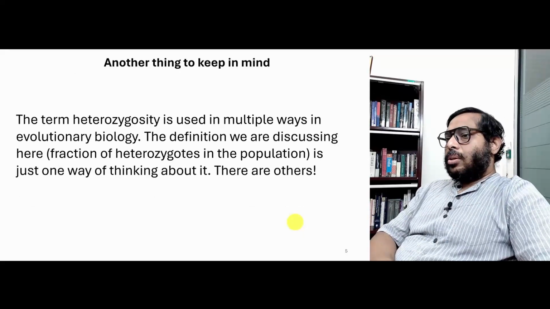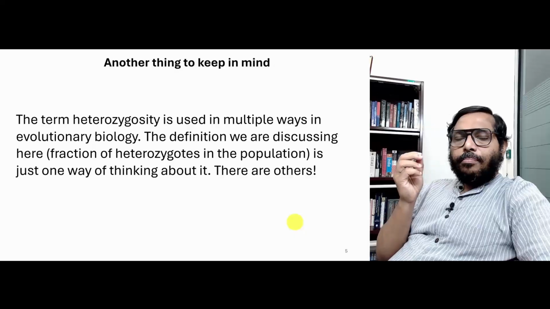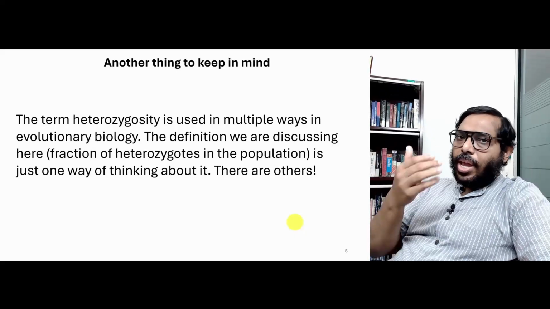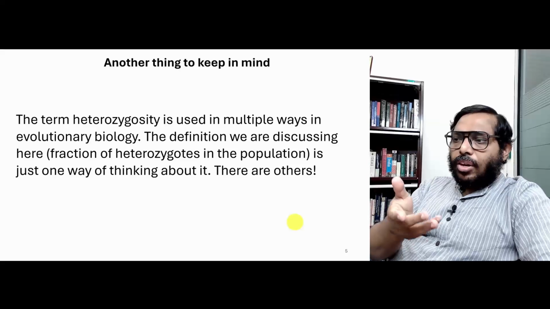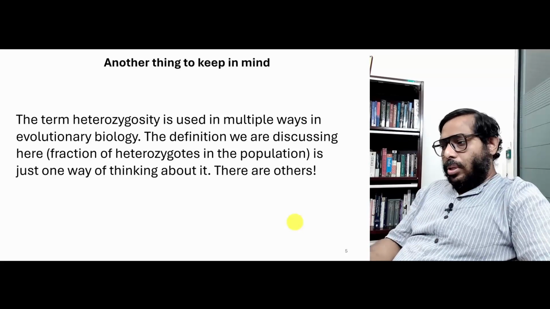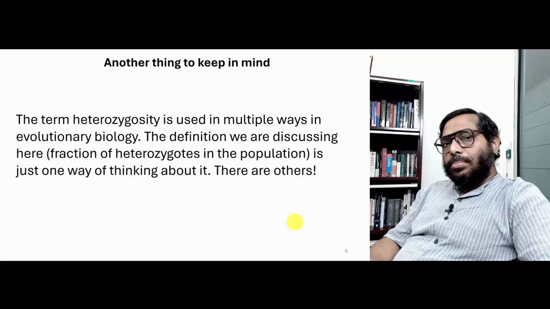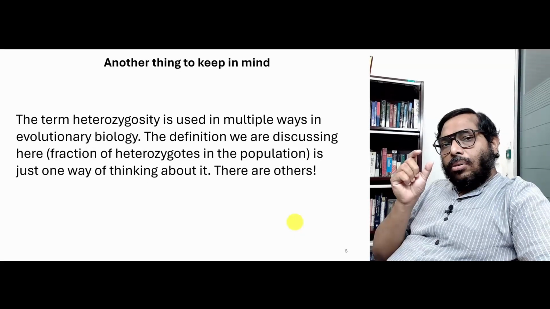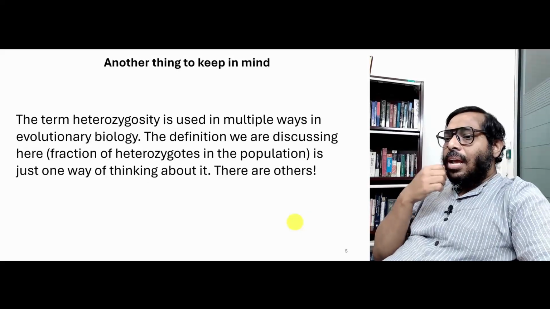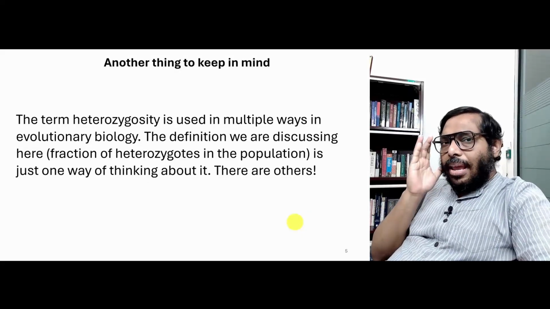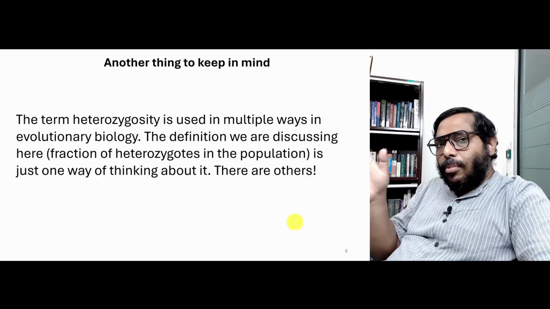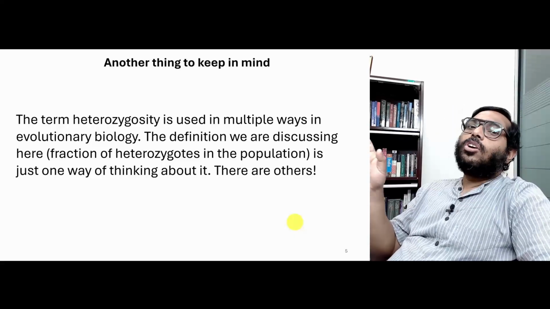Okay. So, now the other major thing to keep in mind is, what do we mean by heterozygosity? Now, I gave you a definition which is the fraction of heterozygotes in the population, and that is the correct definition. But it turns out that, like many other concepts in ecology and evolution, the term heterozygosity is also used in multiple contexts, and therefore, you have to be a little careful when you read the word heterozygosity in the literature, some of them might mean it in a slightly different context.